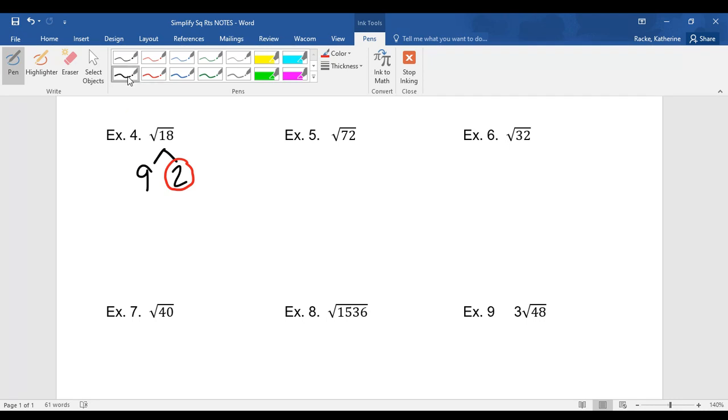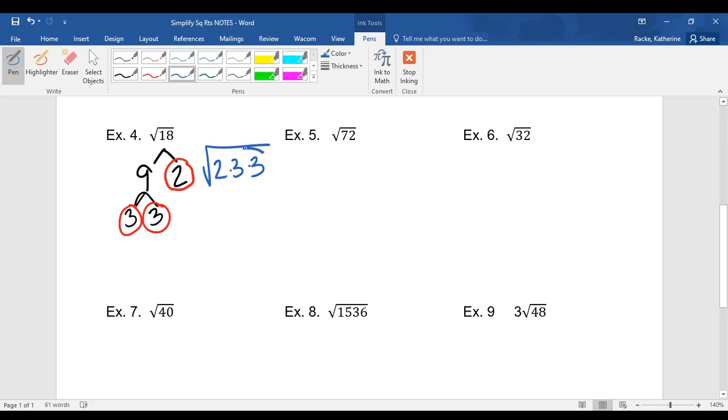9 is going to break down into 3 and 3. So 3 and 3 are dead numbers, so I'm going to circle them as well. Now I'm going to write all my dead numbers, so 2, 3, and 3, under the square root. Square means 2, so I'm looking for groups of 2 of the same number.